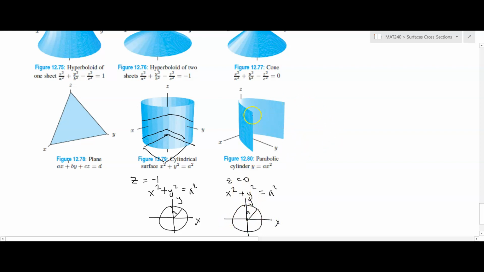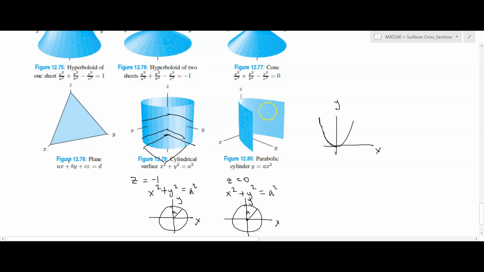And you can also reason through this one. It doesn't matter what the value of z is, the relationship between y and x is a parabolic one. So if z is -1, I get a parabola between the x and y axes. An easier way to draw this would be to have the y and the x going this way, and then there's that parabola. It just happens to be lying on its side because the y and x axes are lying on their side as well.